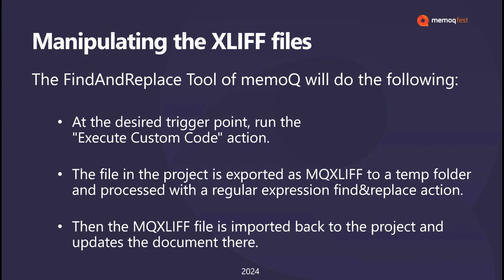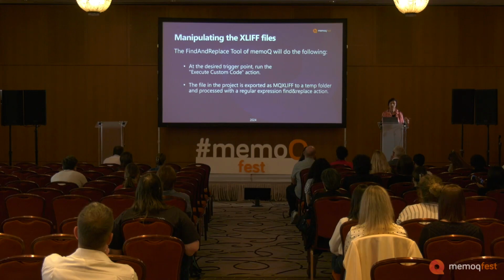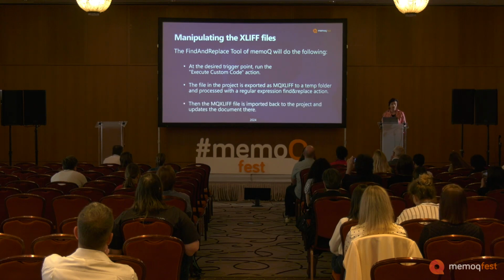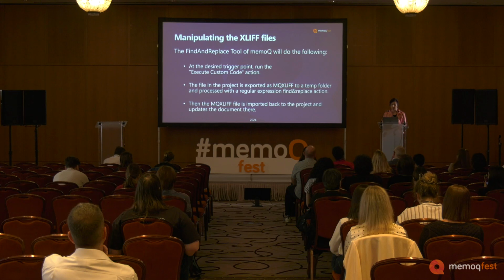Then memoQ extracts or exports a memoQ file to a temp folder. That's where the action will run on the file. And afterwards, this memoQ file will be brought back into your project. It will update your file in your project and bring the changes into your project. So it's really everything running in the background in a temp folder.